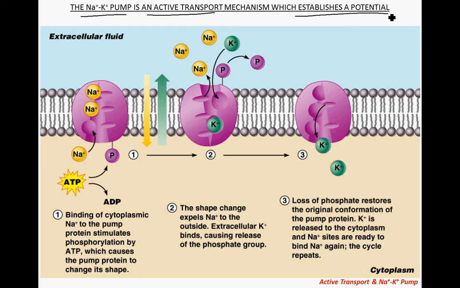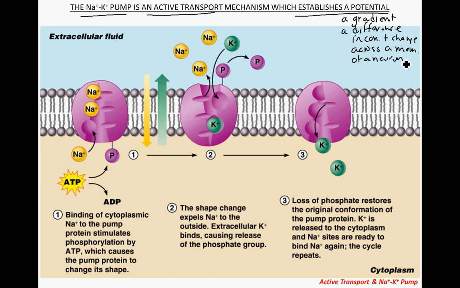Another way of saying this is that we are going to be establishing a gradient, a difference in concentrations and in charge across the membrane of a neuron. And this is a characteristic of neurons, that they have membrane potentials, a difference in charge across their membranes.